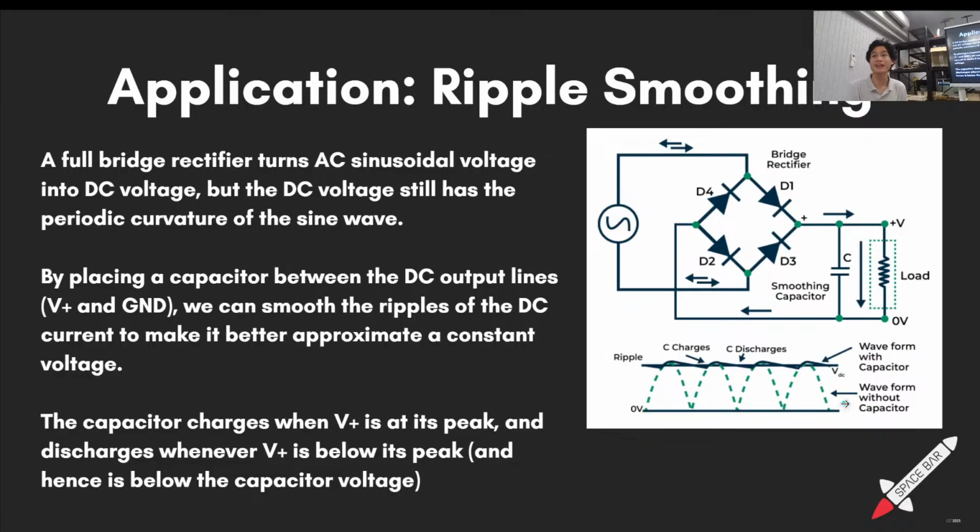Usually we want our DC to be constant so that we can go back to using nice and friendly steady state equations like V equals IR, right? So what we do is we apply a capacitor here across V plus and V minus. The capacitor will charge and discharge as the peak goes up and down. When we are at the peak of voltage, the capacitor will charge all the way to maximum voltage, whatever the DC voltage is.